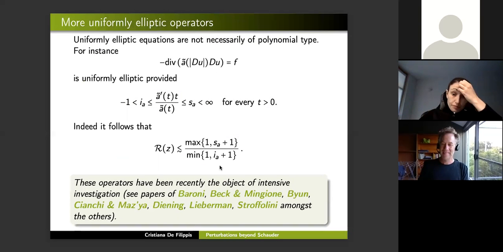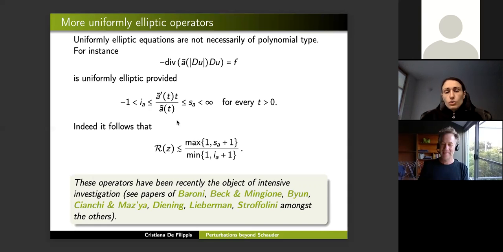Now, one could think that uniform ellipticity is strictly related to power type growth. I consider the same power from above and below, and this should more or less determine uniform ellipticity. This is absolutely false, because we can consider more general, not necessarily homogeneous, structures.